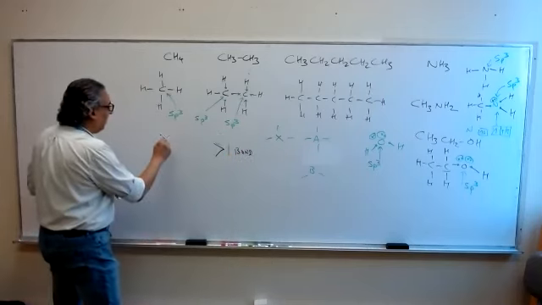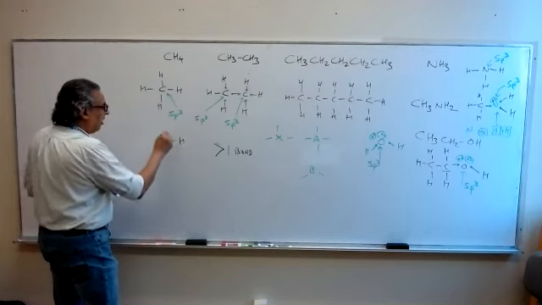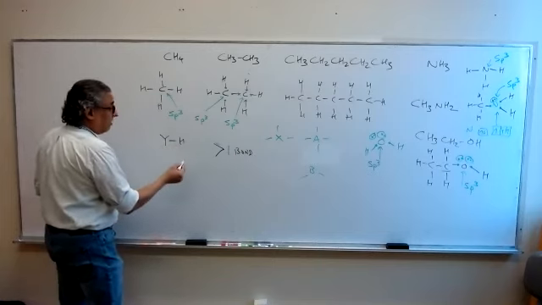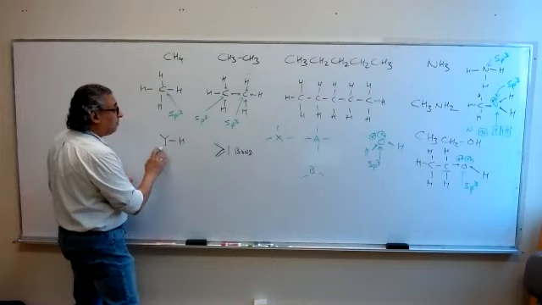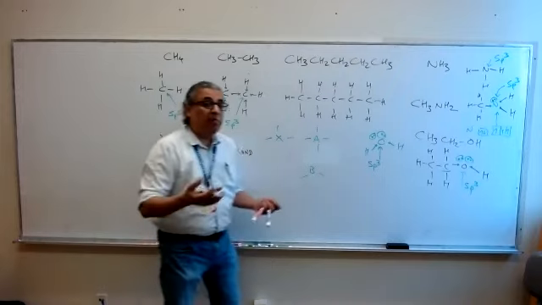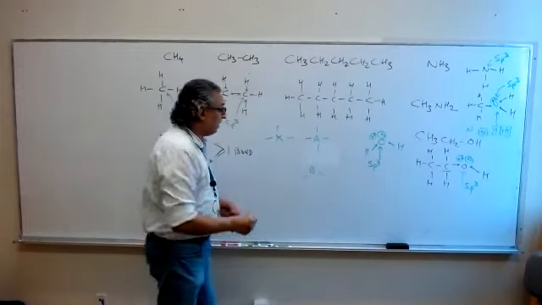Not just something like this. This may not be the case. Maybe greater than or equal to 1 bond. Sometimes when it's 1 bond, it may not be a question of hybridization.